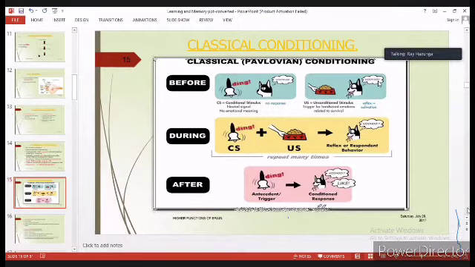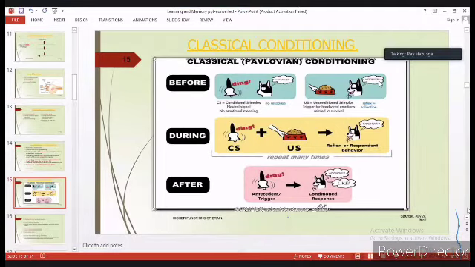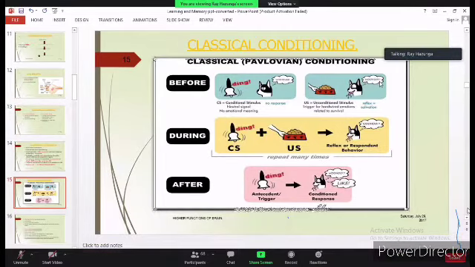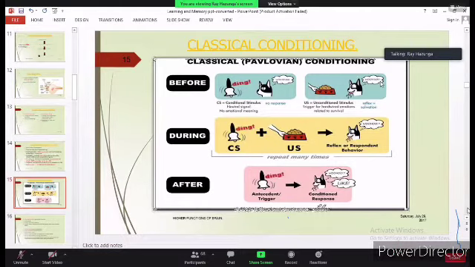Now, when you marry these two, one which doesn't stimulate a response naturally and one which does, so when the person who has a pet wants to give the pet food, they ring a bell. Now whenever a bell rings, the pet will think there's food. That's classical conditioning. It's part of learning. I know you did this in your psychology.